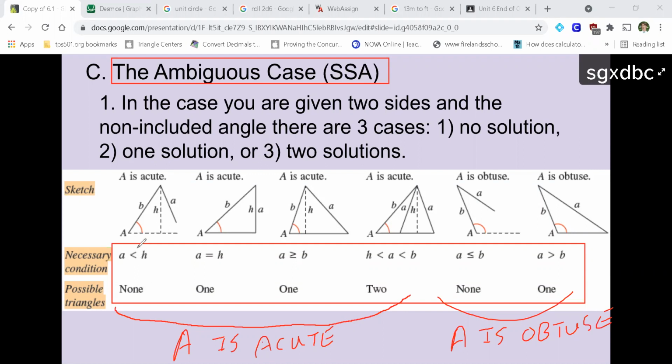So if A is less than the height of your triangle and angle A is acute, then your triangle cannot exist. If A is the same length as H, then this is actually a right triangle. And you get one possible because this is now hypotenuse leg, right? You know the hypotenuse, you know a leg, so there's exactly one solution.